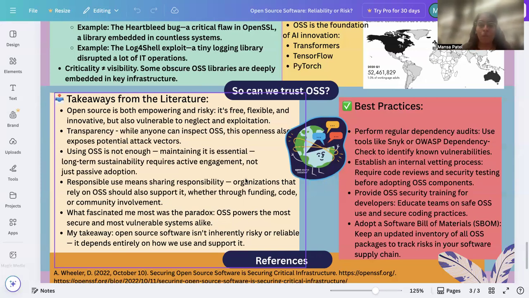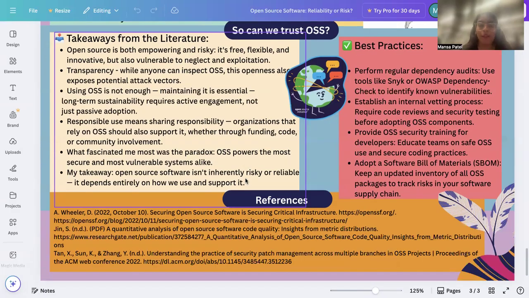But it's very important to make sure that just having a system up and running is not enough. It's very important to maintain it, to make sure it's secure and guarded against potential security issues and attack vectors, and also to have active engagement throughout the system.